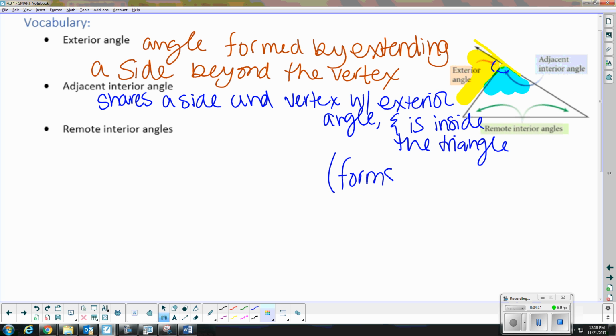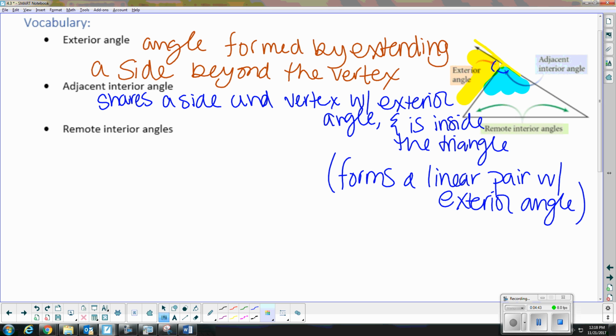Also, it forms a linear pair with the exterior angle.